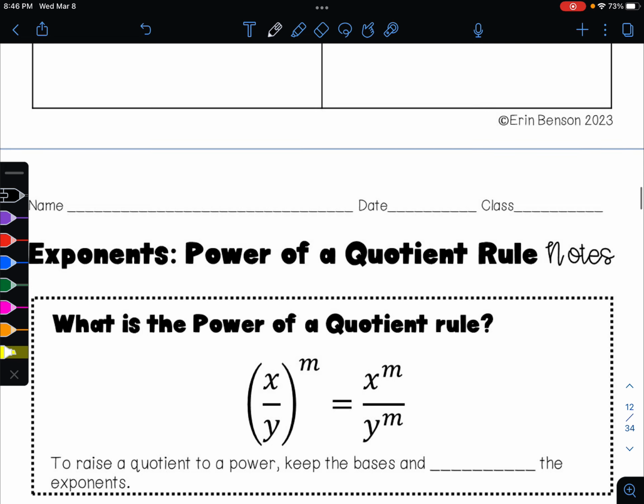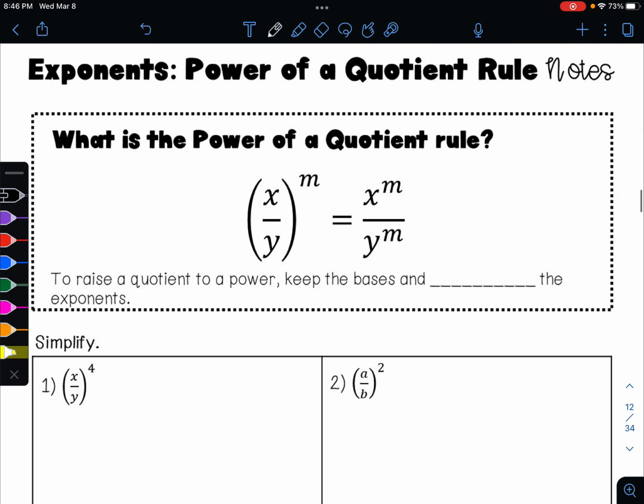On the back side of our notes, we also have the power of a quotient rule. So notice here, I do not have like bases. My bases are different. I have a base of x and a base of y. And when we are doing different bases and we're dividing them, raised to the power of m, we keep the base and we distribute the exponent.